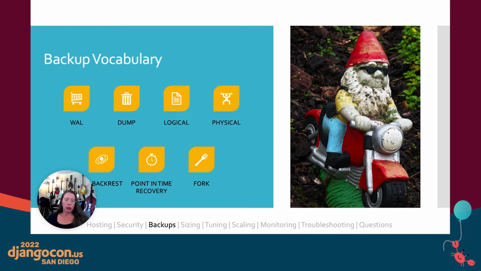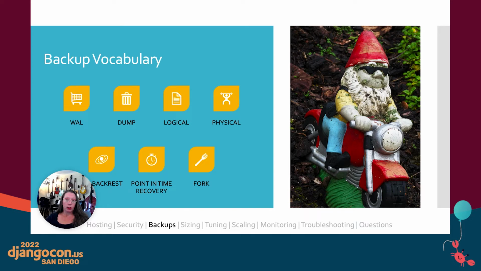A dump, that literally just means a backup. Logical, you'll hear this referred to in backups and in replication terminology, and that's in Postgres just the data itself. A physical backup or physical replication is done at the full machine level, so an entire copy of the disk. pgBackRest, we talked a little bit about that. And then point-in-time recovery is something that sophisticated backup solutions like pgBackRest will let you have.